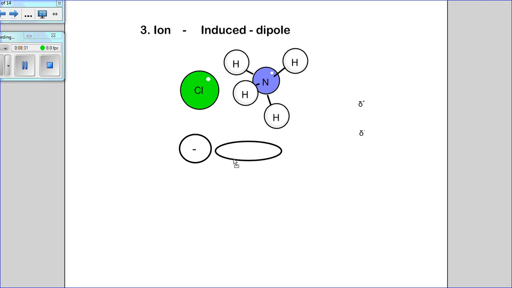But because of the collisions, an induced dipole is formed, where a slightly positive side is attracted to the ion and a slightly negative side is repelled away from the ion. So we force the non-polar molecule to become slightly polar, so that there is some attraction between the ions in the solution and the non-polar molecule, which has become an induced dipole for a short while.